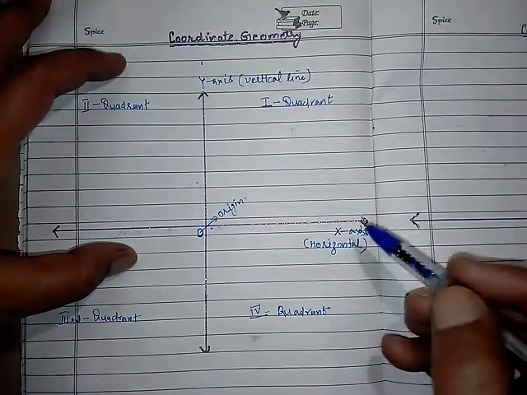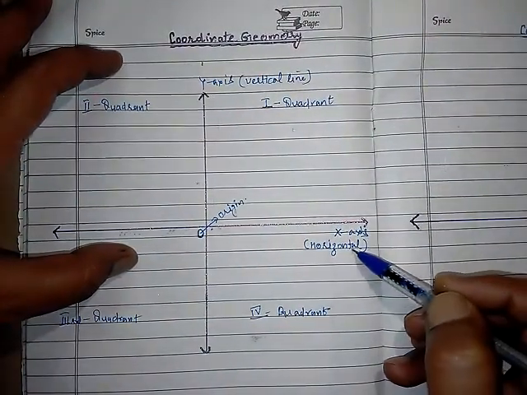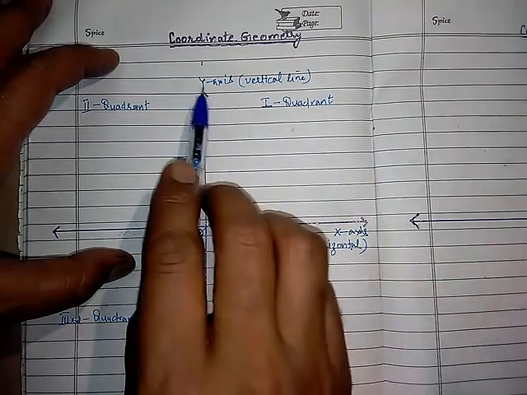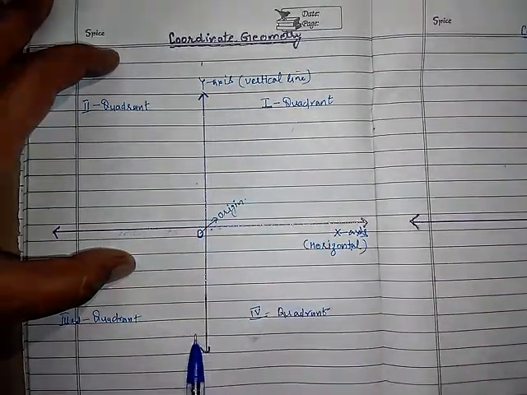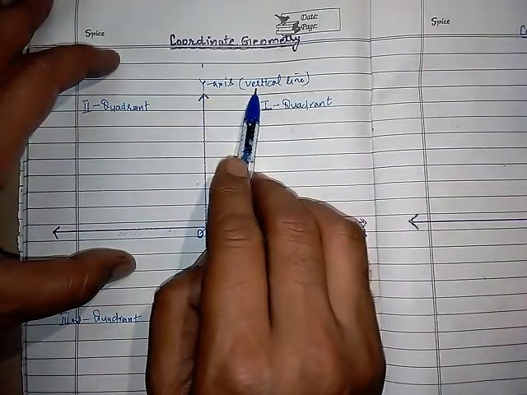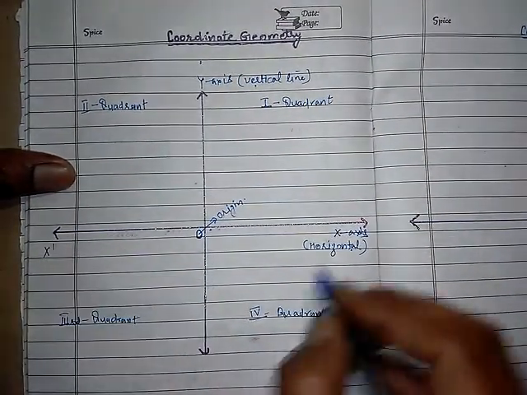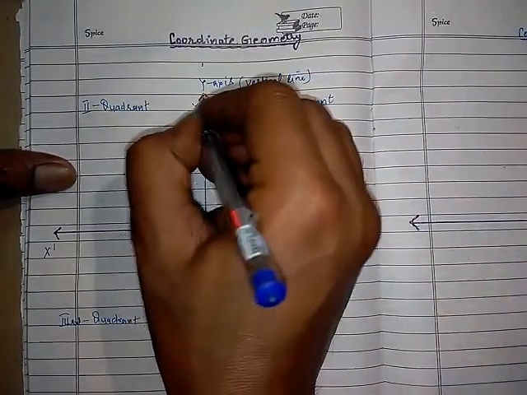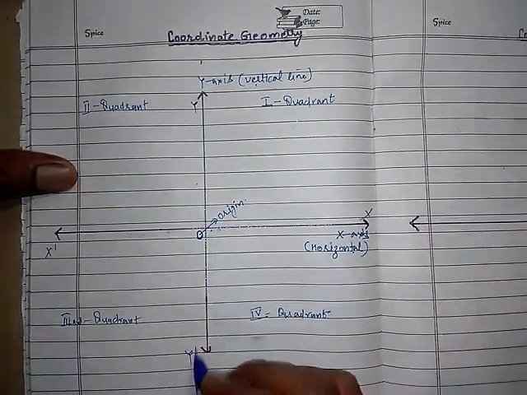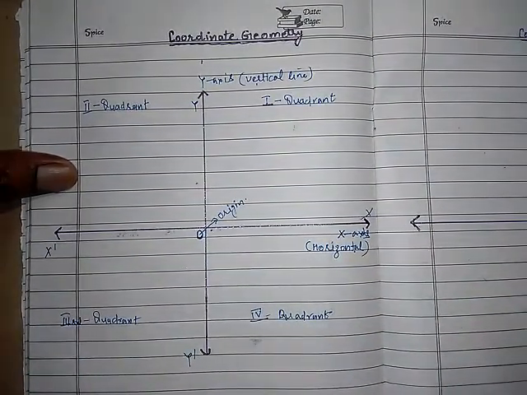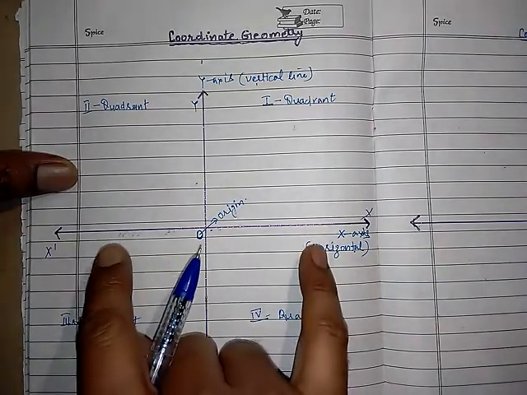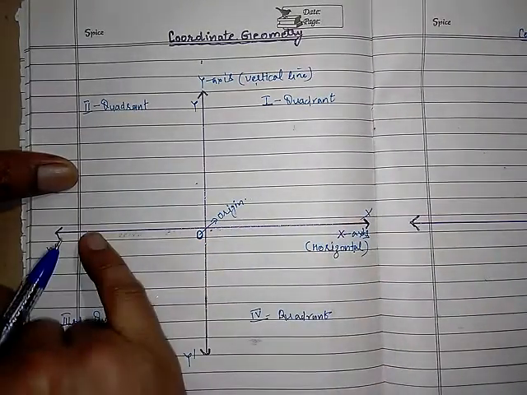Clear? This is your x-axis, also called the horizontal line. This is your y-axis, also called the vertical line. Clear? This will be your x dash, this will be your x, this will be your y, this will be your y dash. Clear?